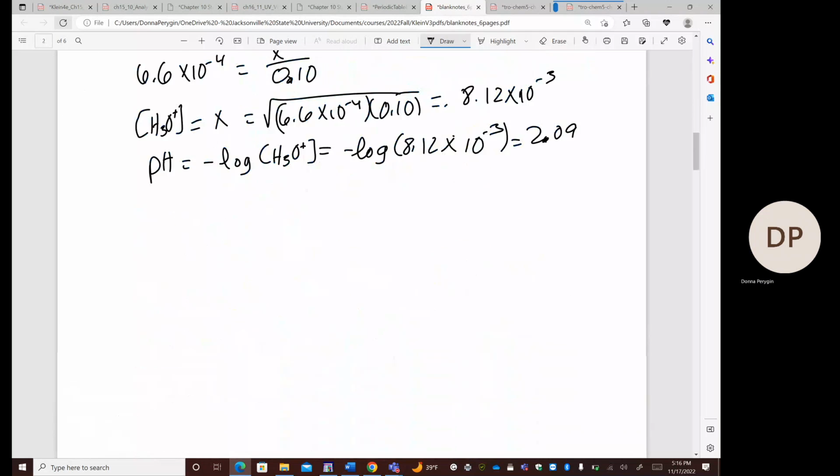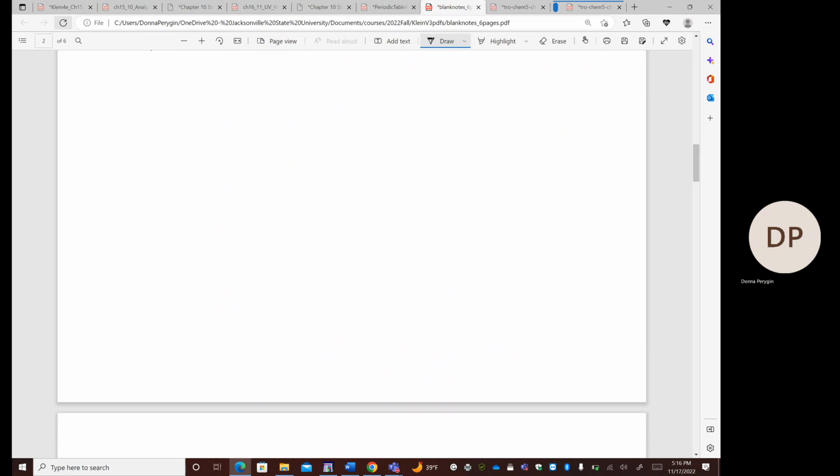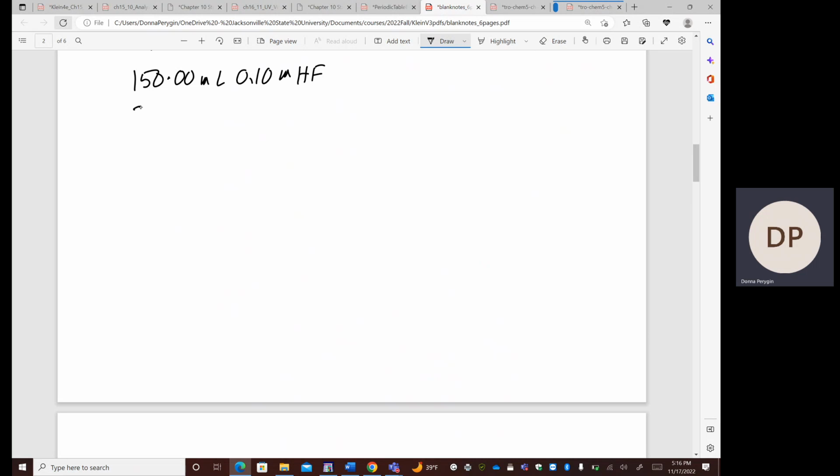When we do these calculations, we always go back to the original amount that we started with. So let's go ahead and calculate for B. We started with 150 milliliters of 0.10 molar HF, and we're going to add 35 milliliters of 0.05 molar KOH. So we need to do a before addition and after addition problem.